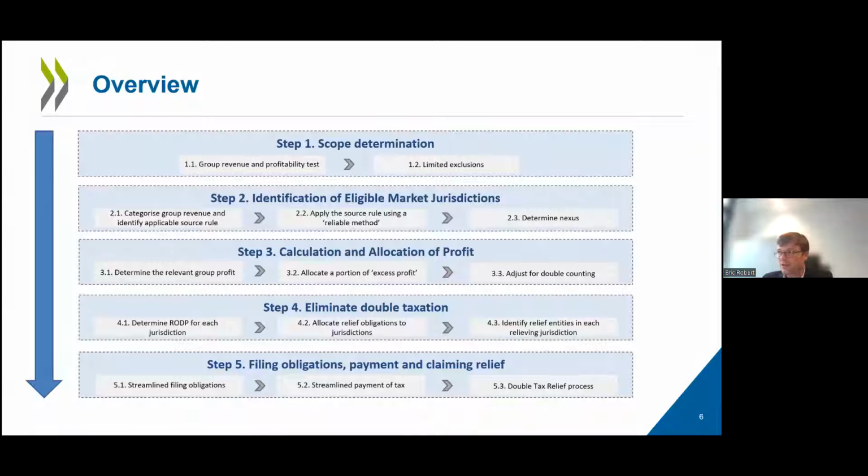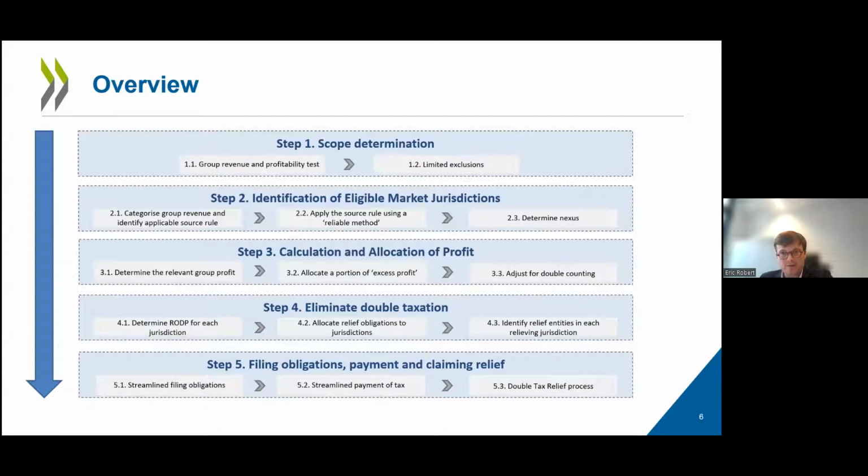And maybe something that you will notice here is that regularly we use the same metrics, the same thresholds across the model. And something you will see that is very important, obviously, for the functioning of the model is the return on depreciation and payroll at group level and at jurisdictional level.